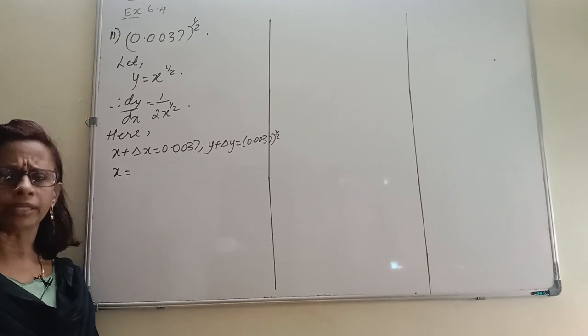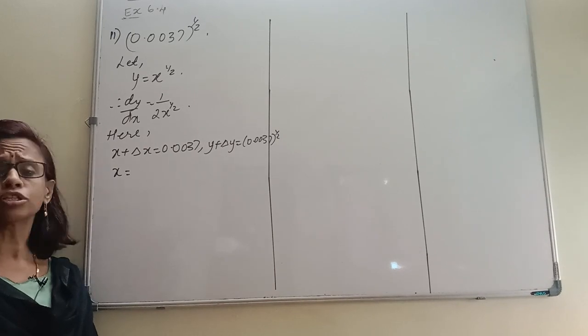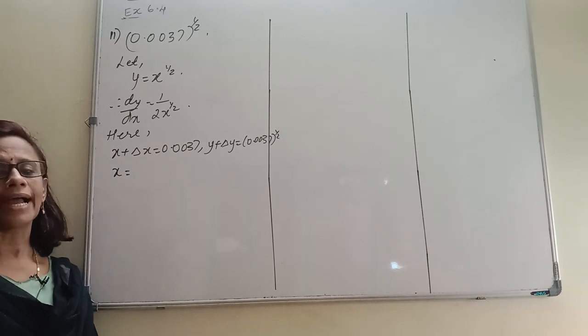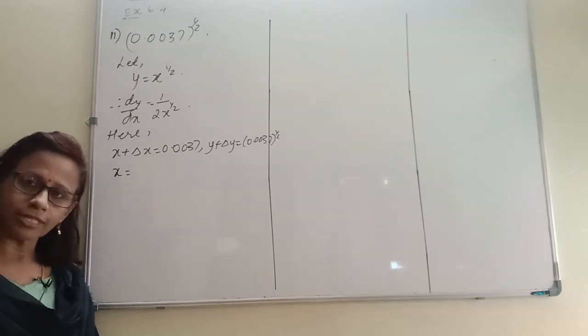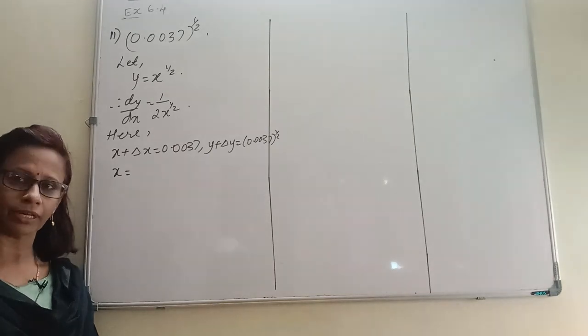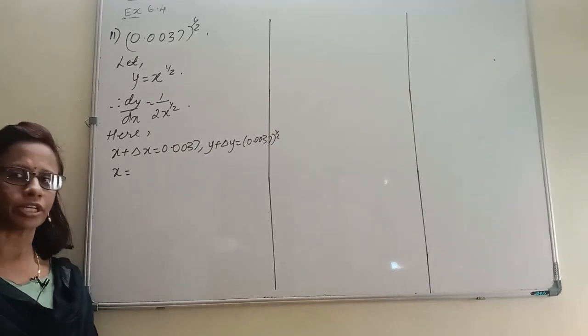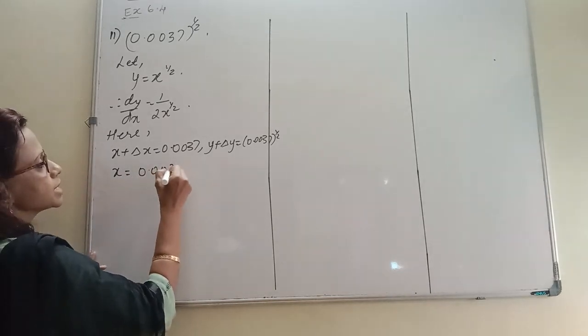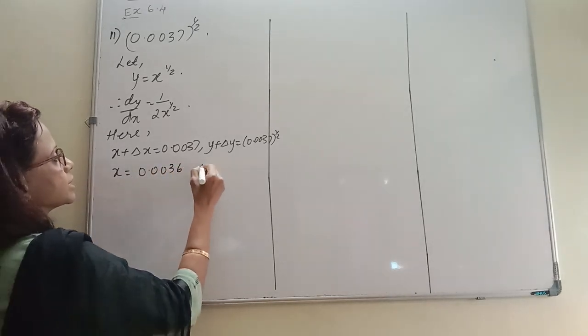It's very evident: 0.0037 is very close to 0.0036, and 0.0036 raised to half is a standard value. So you can take x as 0.0036.